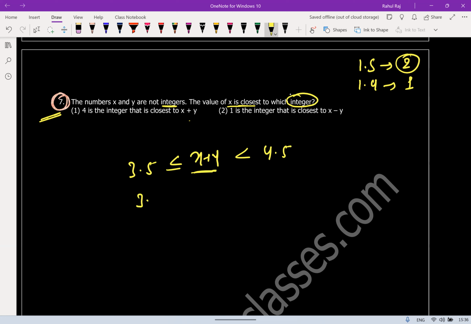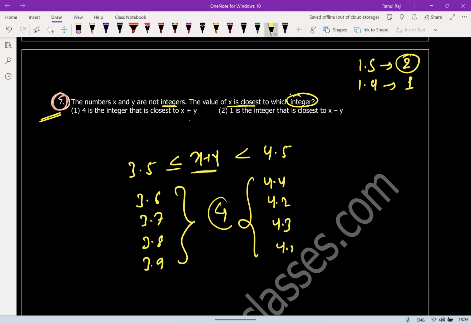The value of x plus y can be 3.6, 3.7, 3.8, 3.9, or 4.4, 4.2, 4.3, 4.1, and all these values are close to integer 4. This is what they are trying to say. So x plus y lies between 3.5 and 4.5.